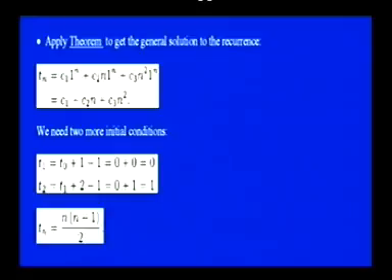So, now I will have 3 equations having 3 unknowns, and you know how to solve these 3 equations involving 3 constants, and if you try to solve this, you will have the final value as n into n minus 1 by 2, and you can see very well we can approximate this as n square plus something, and as I said earlier, the largest degree plays a very important role in the solution. So, that means now I can say that this algorithm is something like order of n square.